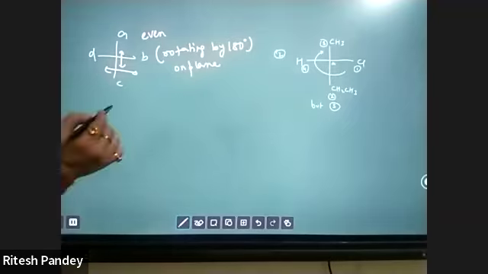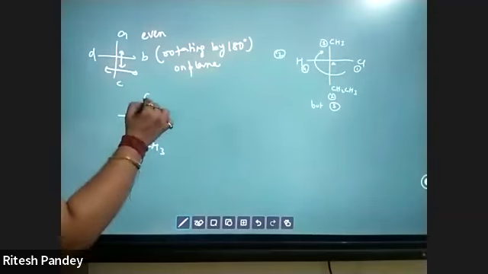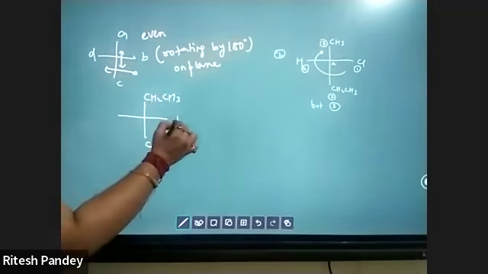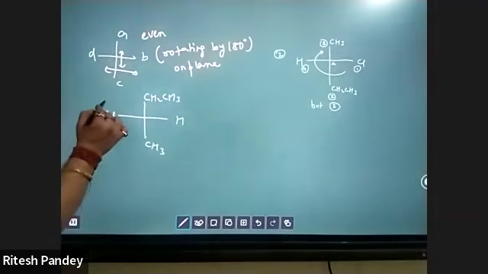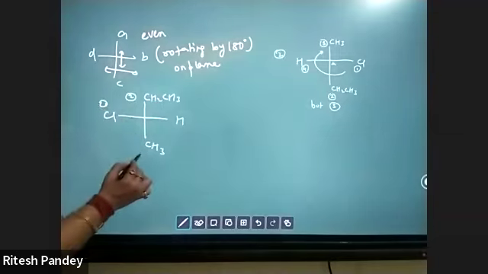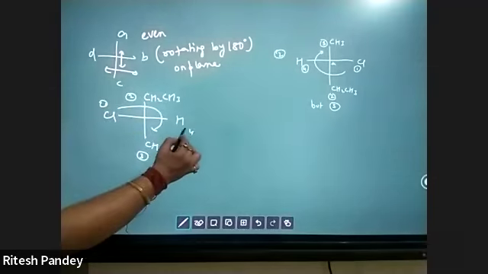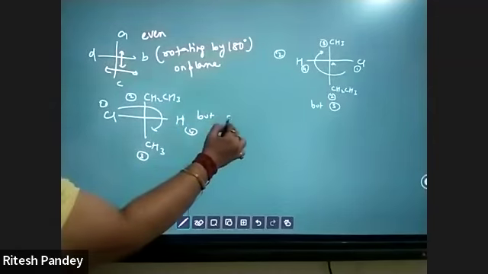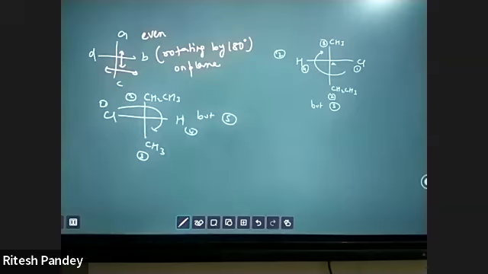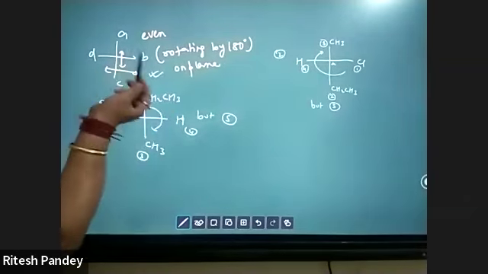If I deploy the same to the compound at hand, now methyl will come down, ethyl will go up, and hydrogen and chlorine would be exchanging their positions as well. Very quickly, this is 1, this is 2, this is 3, and again it's a clockwise arrangement, but this being horizontal, I write S. So this is allowed.